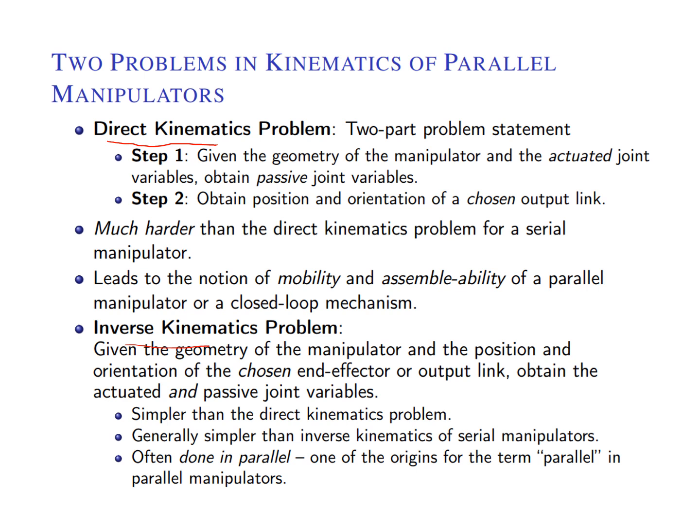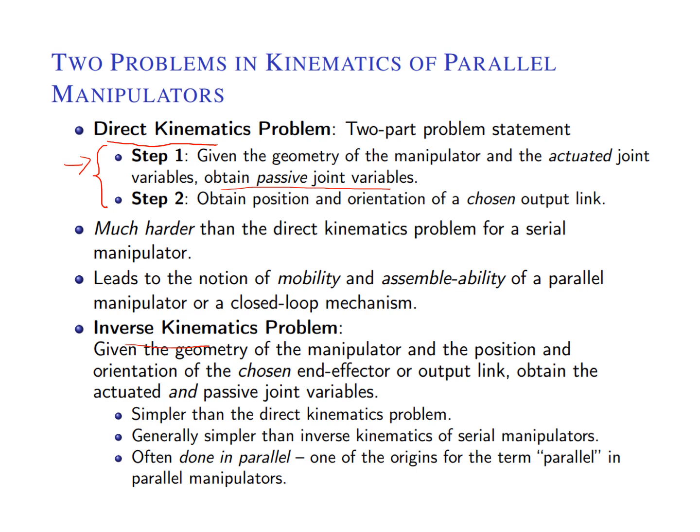The direct kinematics problem in a parallel manipulator is a two-step problem statement wherein in step one you will be given the geometry of the manipulator and the actuated joint variables, and you have to obtain the passive joint variables. In step two, you need to obtain the position and orientation of the chosen output link, right?